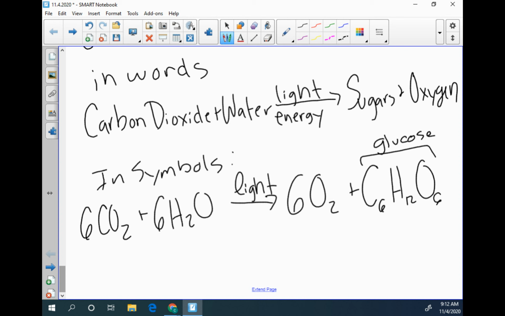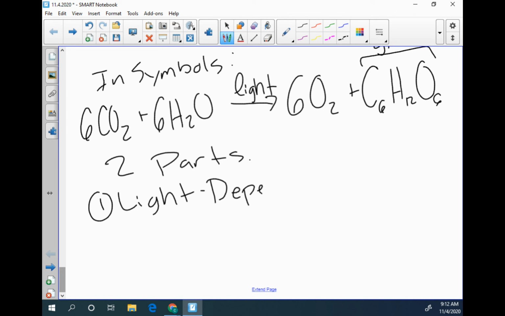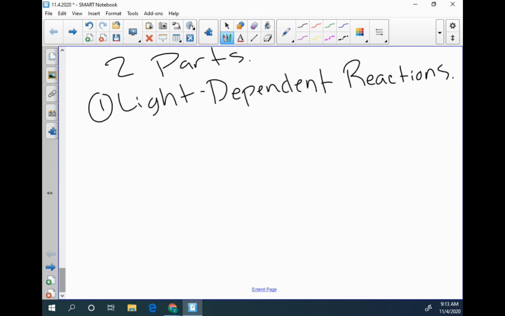I think I have enough time to get through this. So, this whole process happens in 2 parts. The first is the light-dependent reactions. These reactions depend on the light.